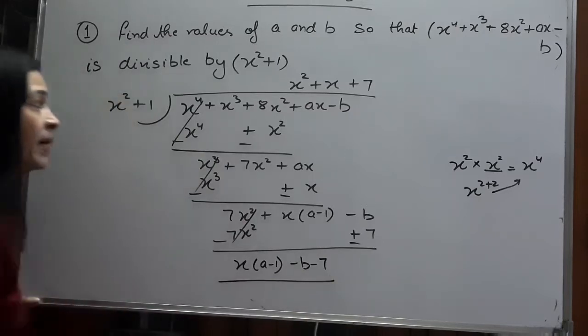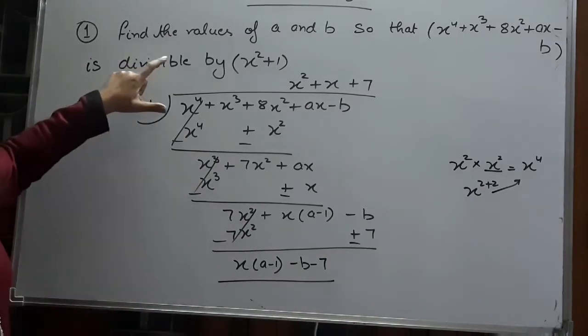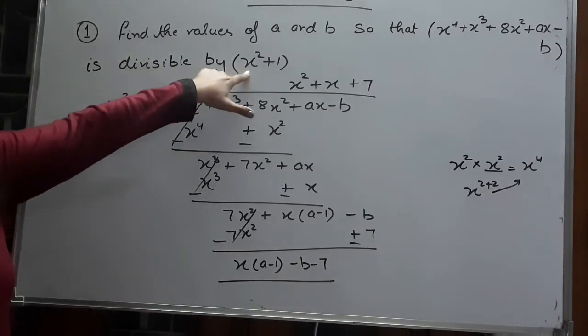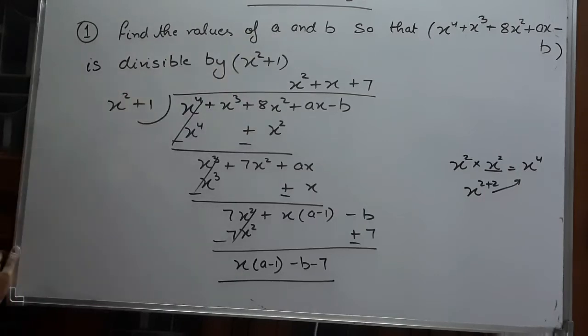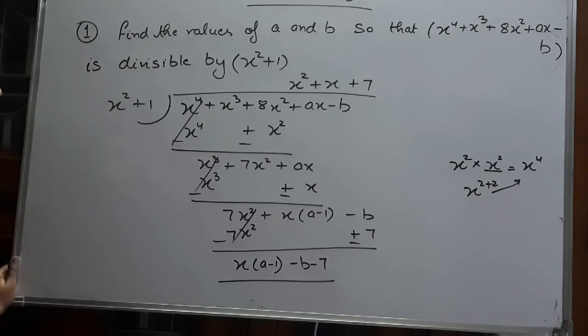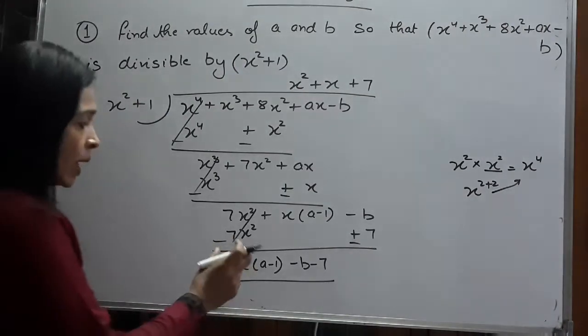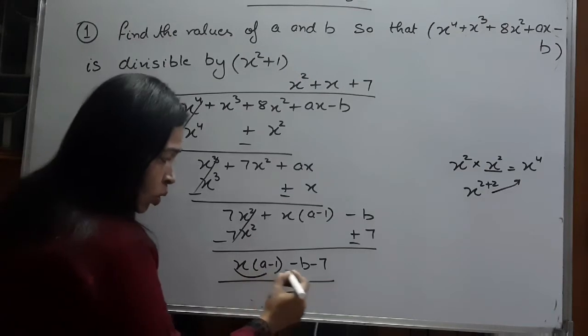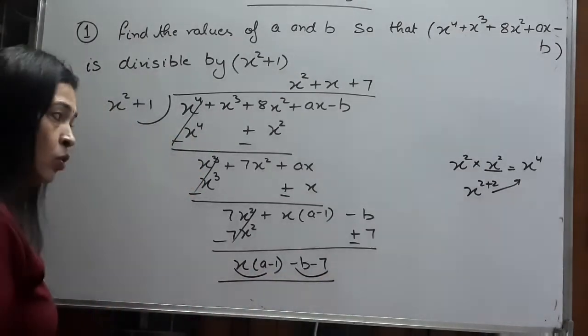This is our remainder. But while dividing with x square plus 1, this is a factor of that polynomial, completely divisible. It means the remainder must be 0. Either this term will be 0 or this term will be 0.